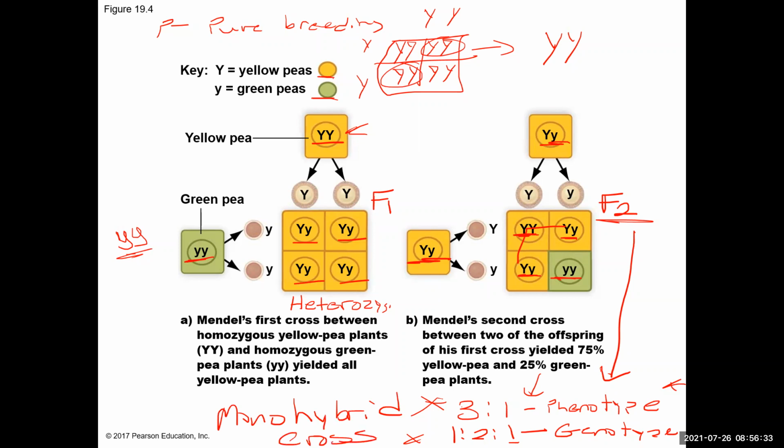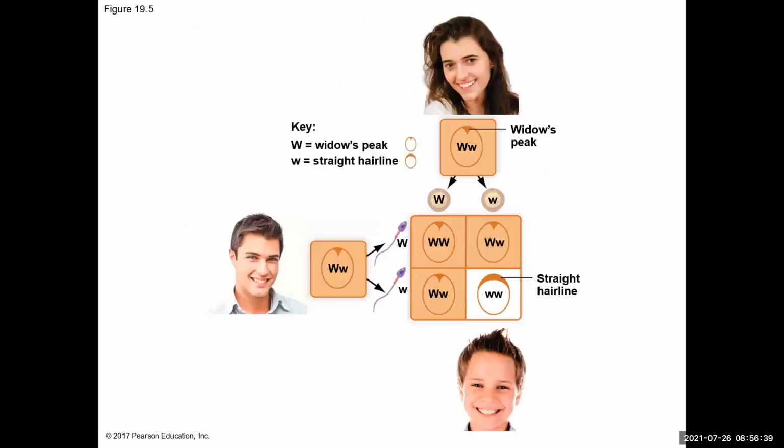Okay, so with one trait. And remember, this is dominant recessive. So we can see the same thing with widow's peak hairline. Widow's peak is the dominant trait, straight hairline is the recessive trait.